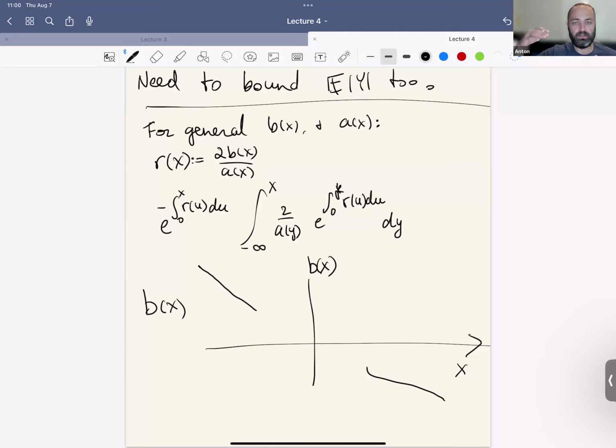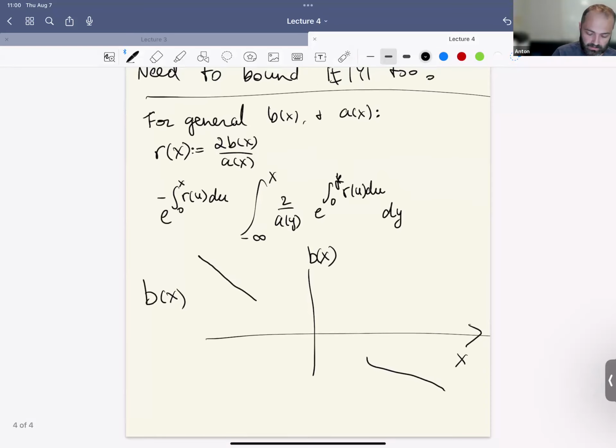Now, it's not guaranteed to be monotonic. Maybe it's not a linear drift. But hopefully, at some point, it is monotonic. And of course, inside some compact set, let's say negative k to k, the drift can be whatever it wants to be.